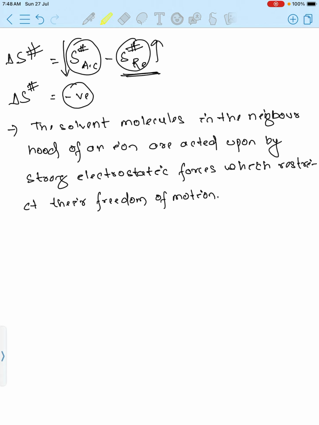Whose freedom of motion? Solvent molecules, obviously. Freedom of motion. This effect is known as electrorestriction.